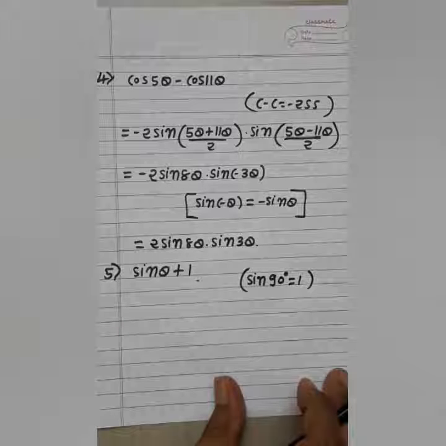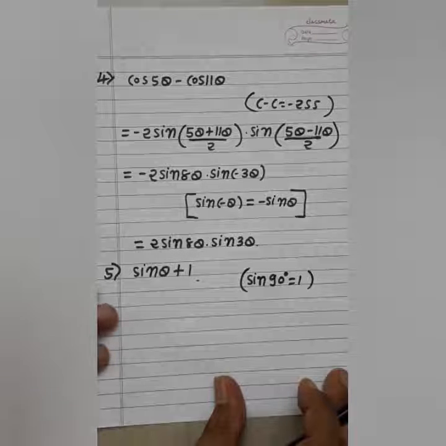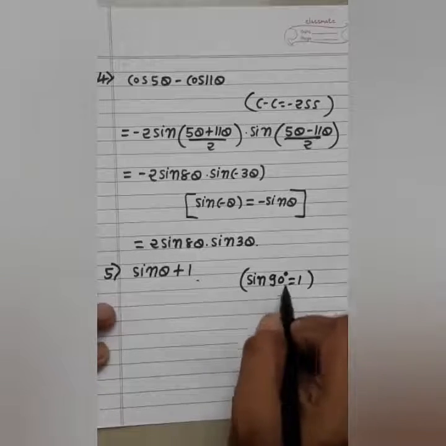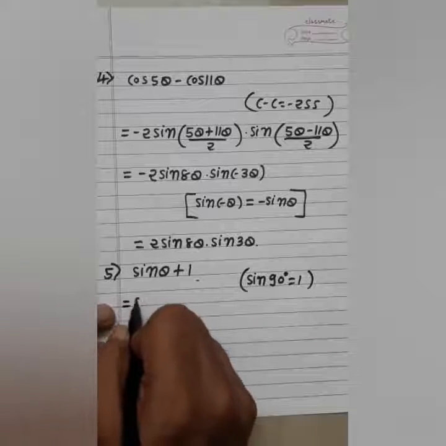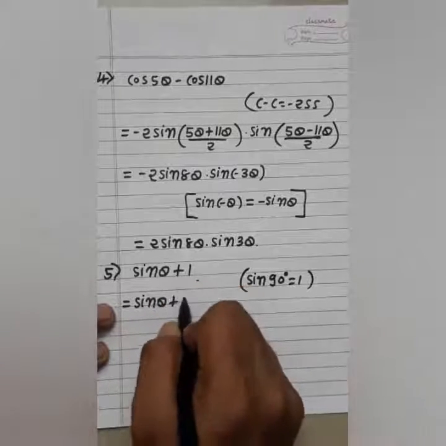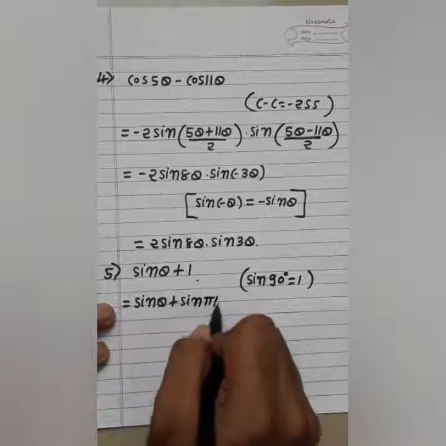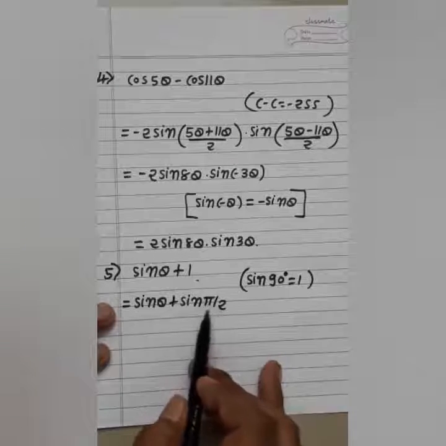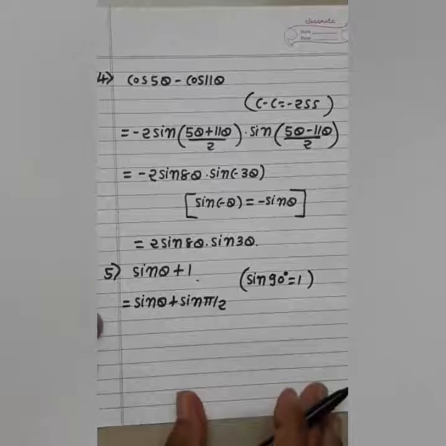Now 90 degree in radian form is pi by 2, so we write sin theta plus sin pi by 2.